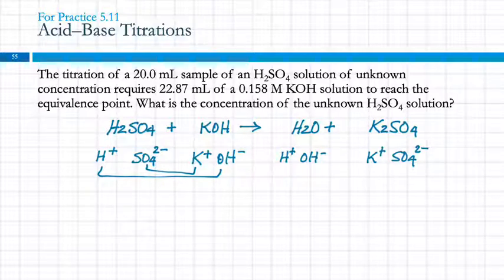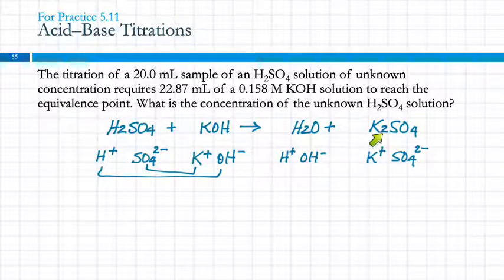No. The time when you're really going to have to worry about balancing it is when you have a diprotic or a triprotic acid or you've got something funky like calcium hydroxide with 2 hydroxides. So with something like this, the sulfates are staying together. I've got 1 sulfate here and 1 sulfate there.